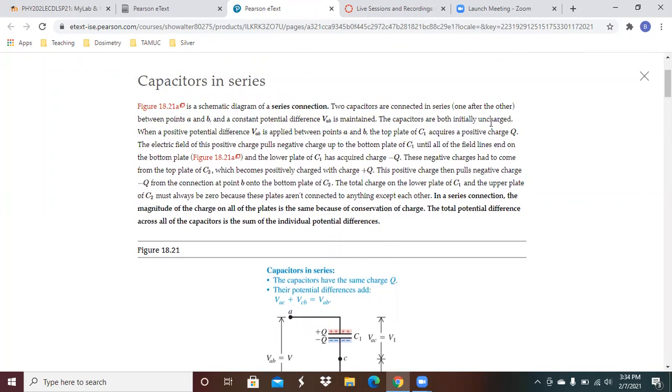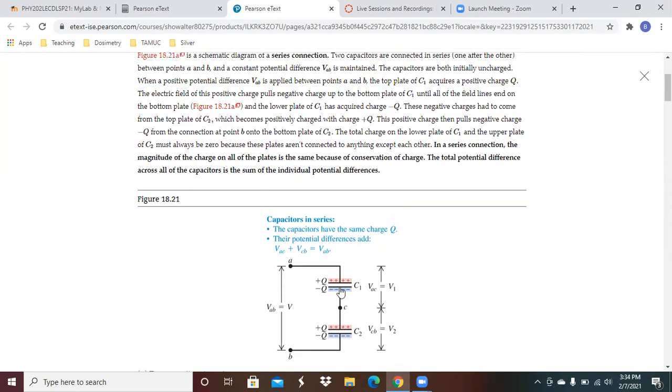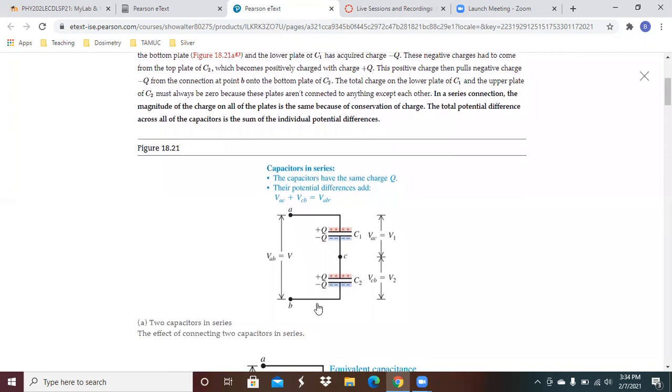Initially, these capacitors are uncharged. Then the potential difference is applied between those two points. Then the top plate here is going to acquire a positive charge, Q, and the electric field of that pulls negative charge up to the bottom plate. And once that happens, that negative charge has to come from here.